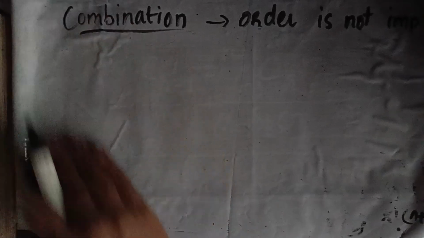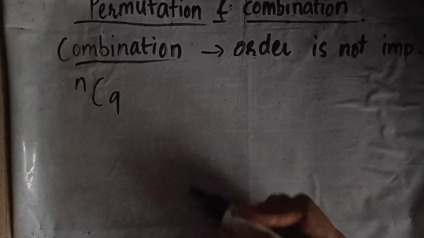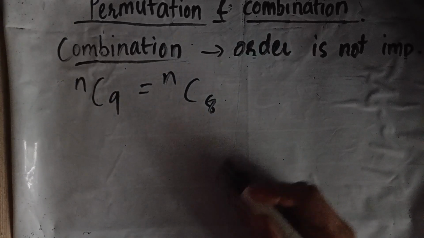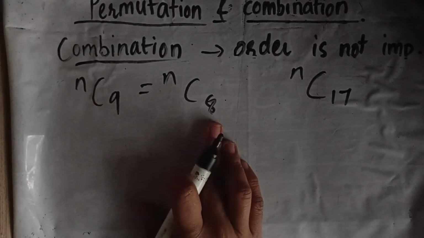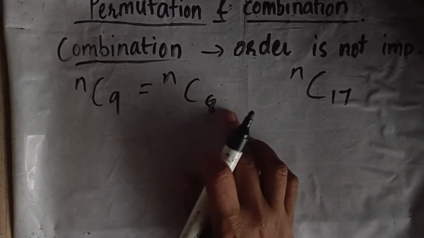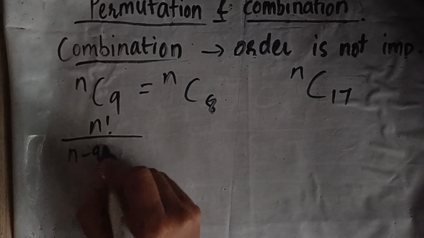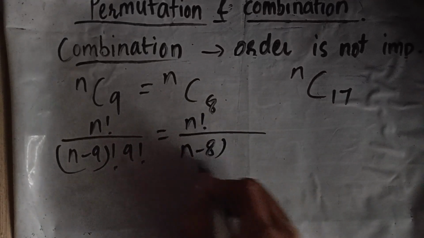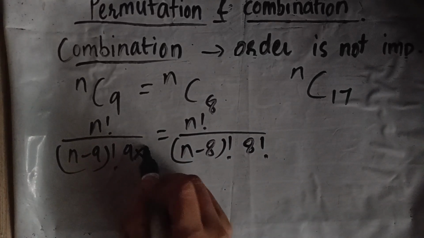Let's solve the second one. This is a question. If nC9 is equal to nC8, you have to find nC17. This we have seen, a is equal to b, like that. But here a is not equal to b. So we have to solve this. Using the formula, n factorial upon n minus 9 factorial into 9 factorial equals n factorial upon n minus 8 factorial into 8 factorial. 9 you can write it as 9 into 8 factorial.